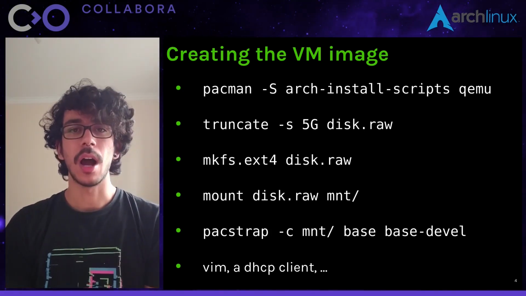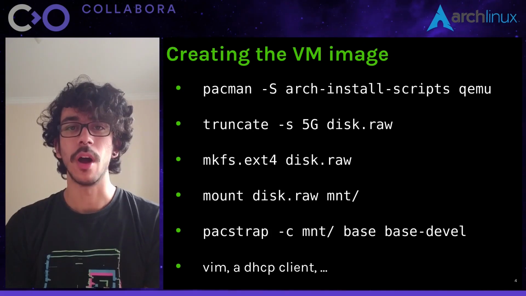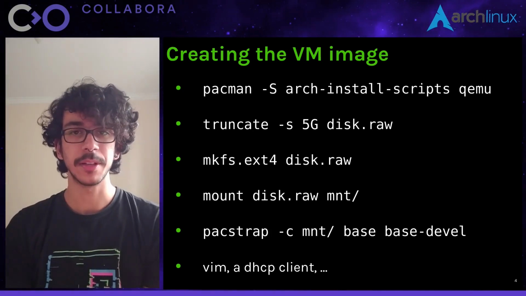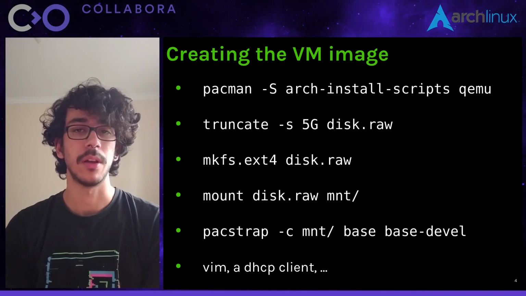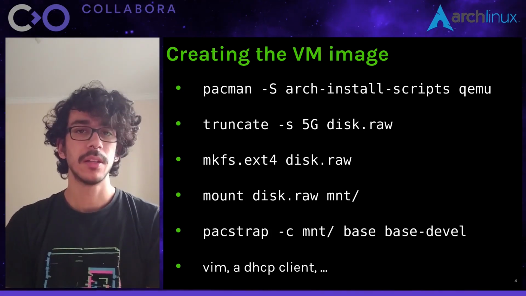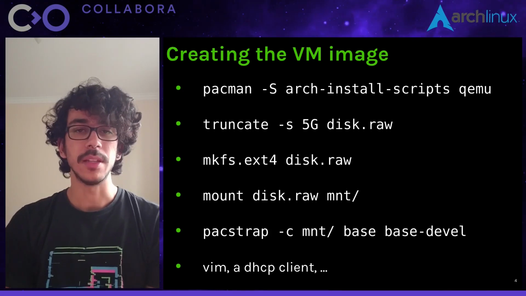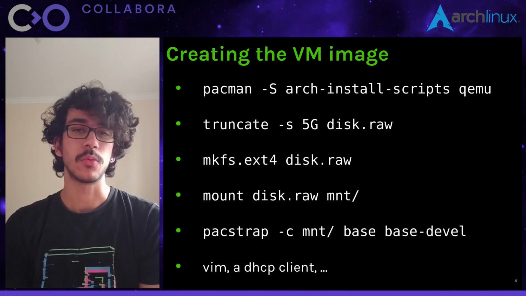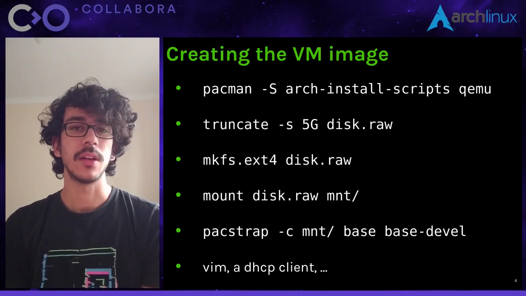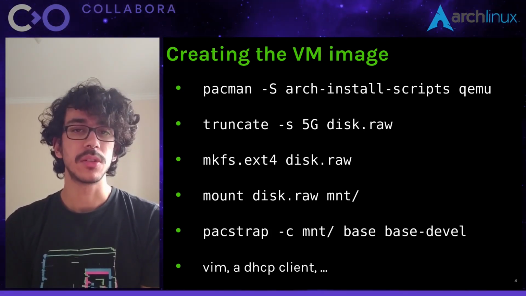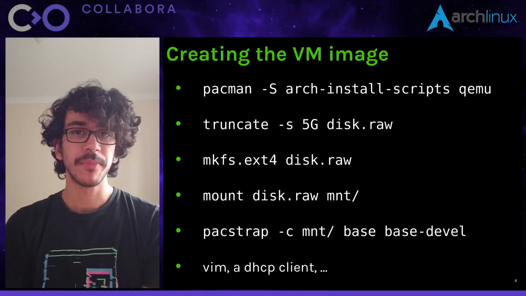After that, I format this file to have the ext4 file system, and then I just mount this file in a directory. After that, we can use pacstrap, the same software, the same script that we use in an Arch Linux installation, to create all the directories and install some basic software there.